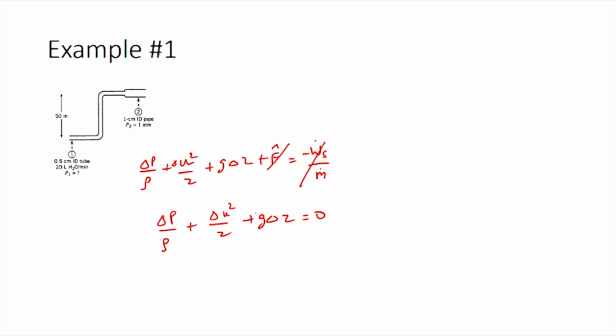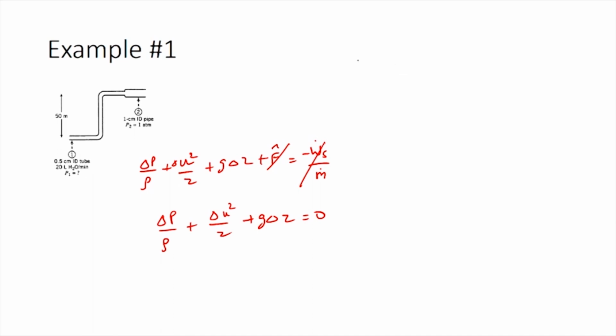For this we need to know the velocity of water flowing at point 1 and point 2. As the cross sectional areas are different, the velocities would also be different. Based on the volumetric flow rate, which is 20 liters per minute, we can calculate the linear velocity as volumetric flow rate divided by cross sectional area. So, let us try and do that.